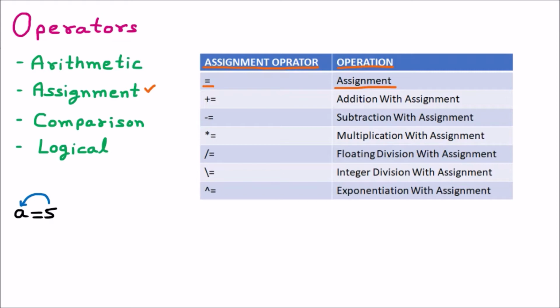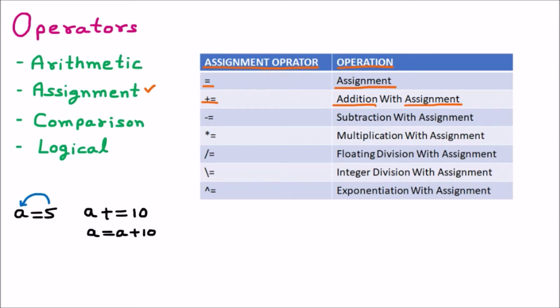The next operator we have is plus equal to, that is addition with assignment. If I write a plus equal to 10, the meaning is a is equal to a plus 10.